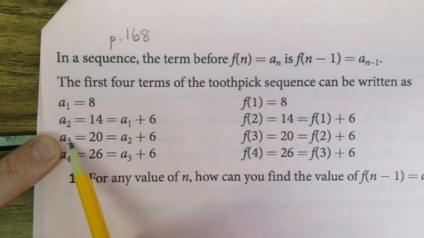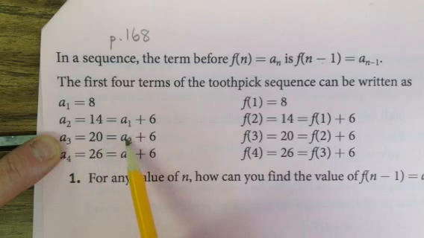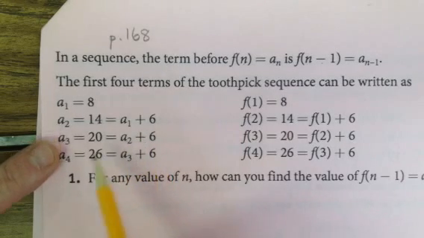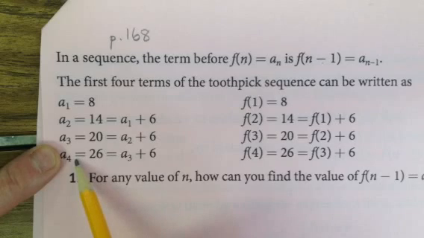All the toothpicks in stage 3 could be found by taking all of the toothpicks from stage 2, the one before stage 3, and adding a common difference. And that's the same thing that happens to all of these.